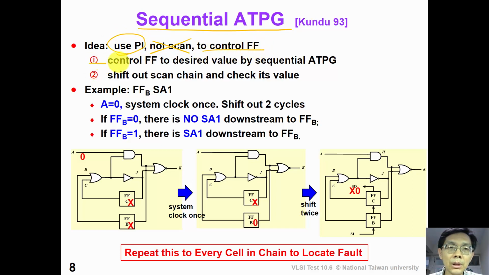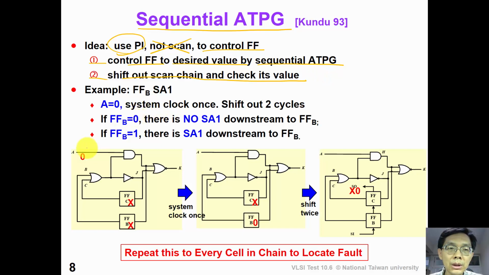In step 1, we control the flip-flop to our desired value by sequential ATPG, and then in step 2, we shift out the scan chain and check if the value is the same as our expectation.